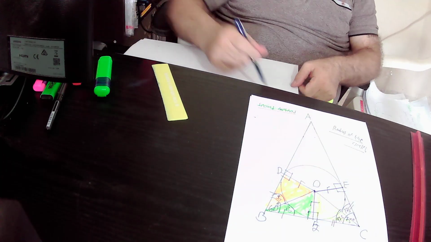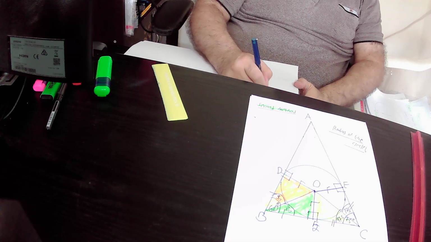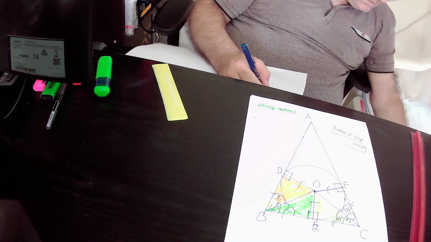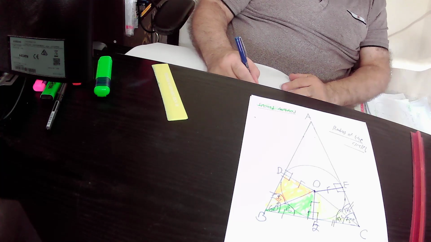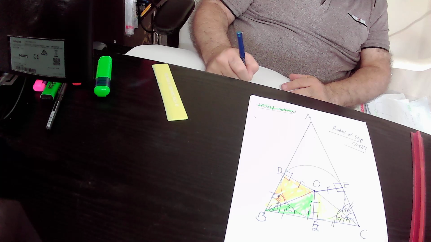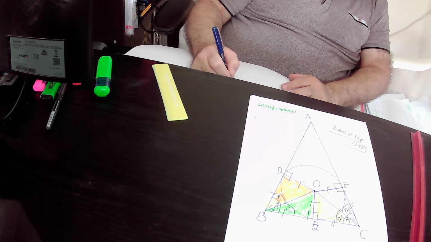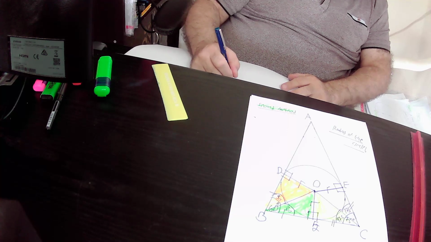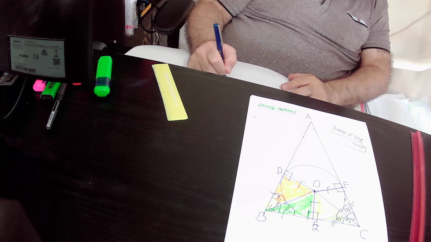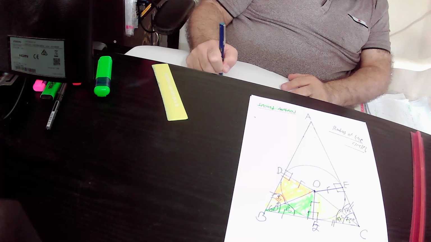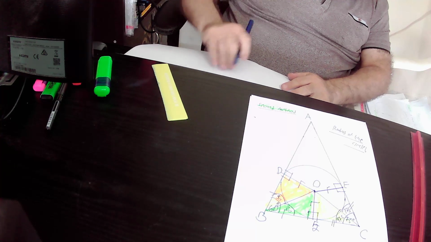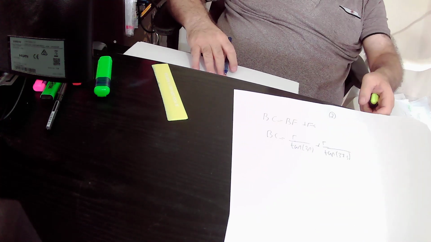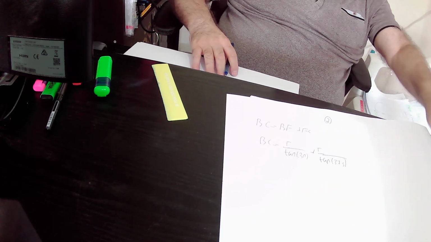So BC equals BF, that is R over tangent 30 degrees, plus FC. FC equals R over tangent 37.5 degrees, so in conclusion, BC equals R over tangent 30 degrees plus R over tangent 37.5 degrees.